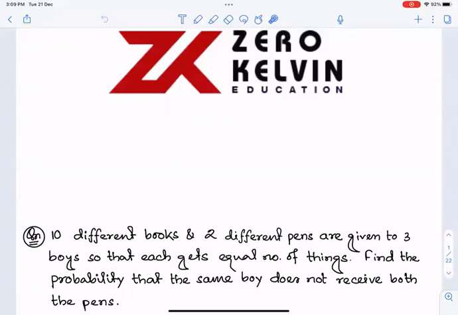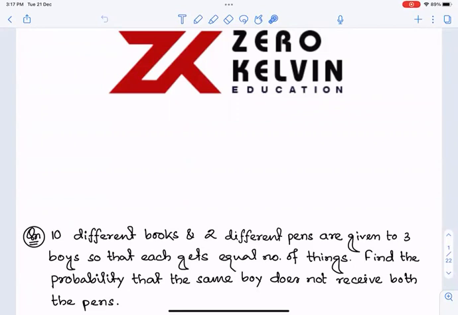Yes, sir. So, firstly, you just try, then we will discuss this problem. So, if we try to analyze this data, firstly, we will consider the probability in 2 parts.